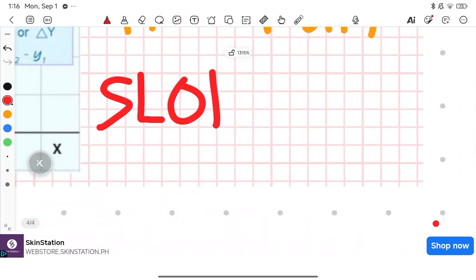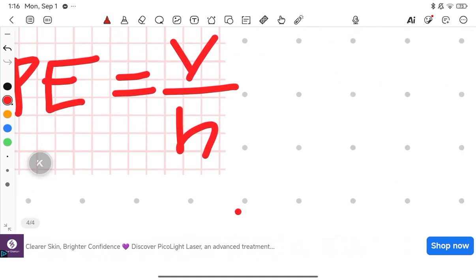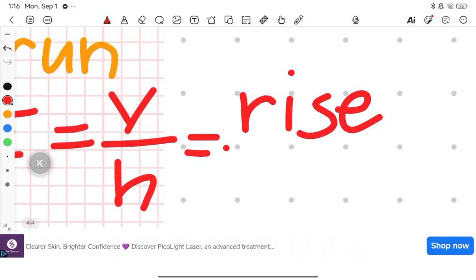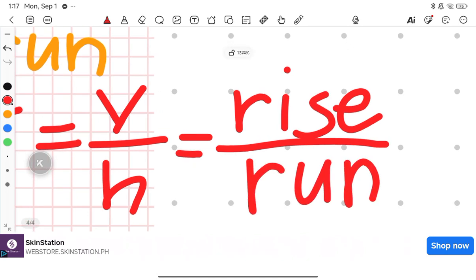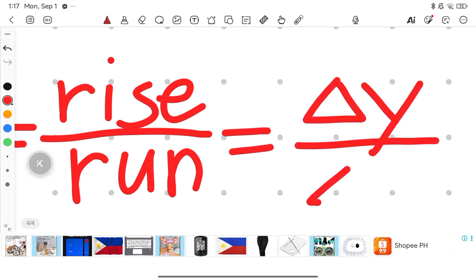Guys, slope is just a ratio between the vertical over horizontal, or simply the rise, R-I-S-E, hindi po kanin, chares, rise over run. Okay, and then we can also rewrite that as our delta y over delta x.